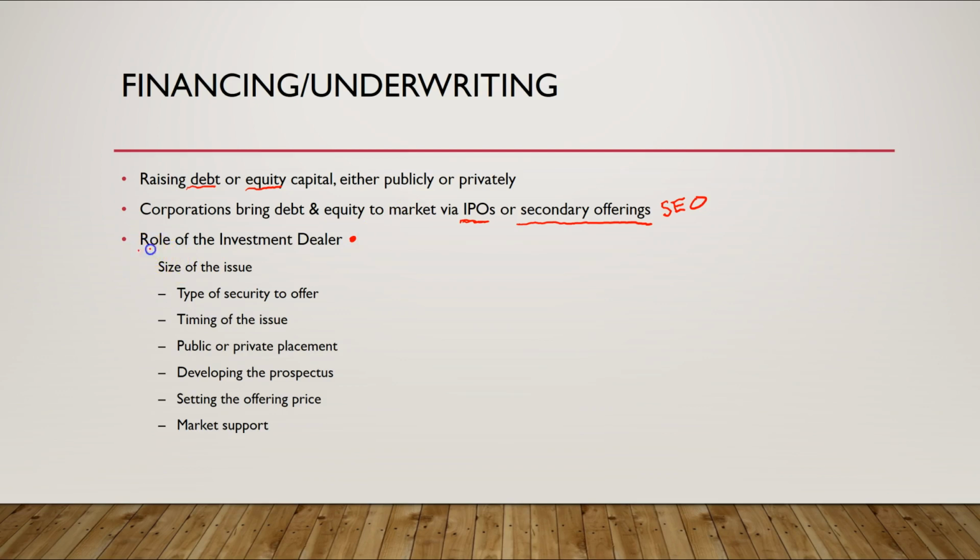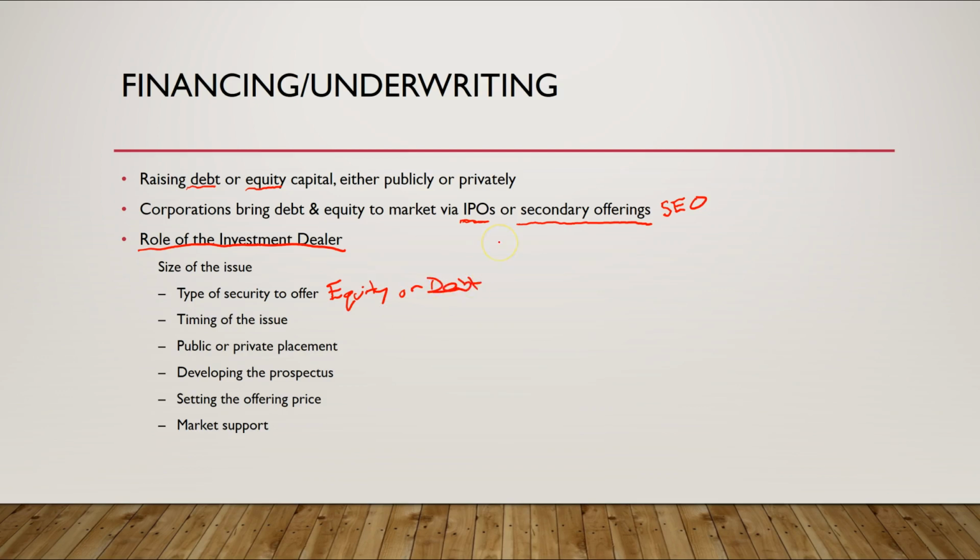And so what is the role of the investment dealer? Here, the role of the investment dealer is really giving advice to this firm about what type of securities they should offer. So here, the type of securities can be equity securities or debt securities.